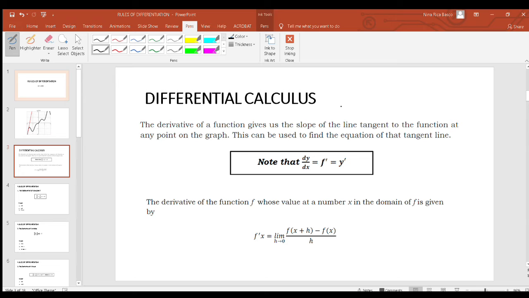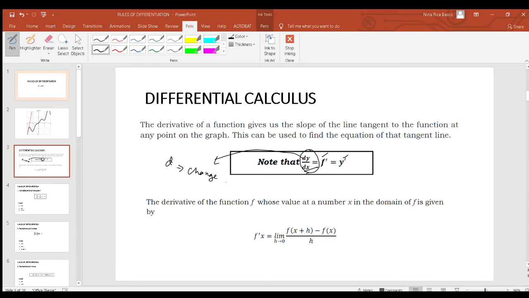Meaning, yung d dito, it refers to the change. Change of y with respect to the change of x. Or, f prime is equals to y prime. So, ito yung another symbol natin for derivative of a function.